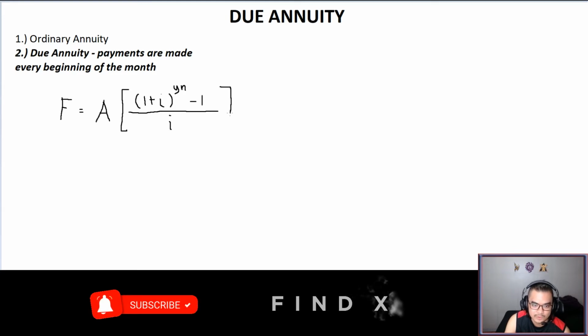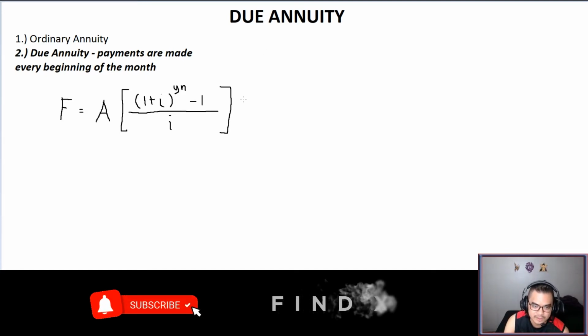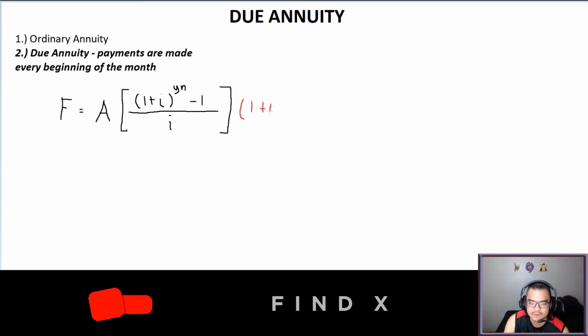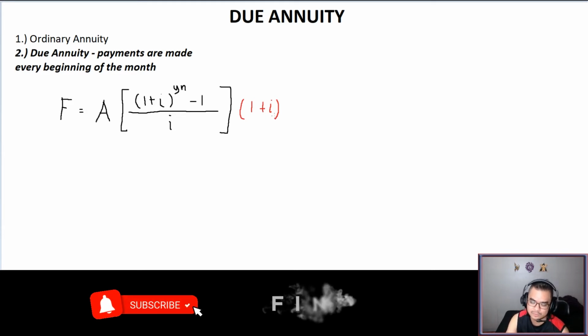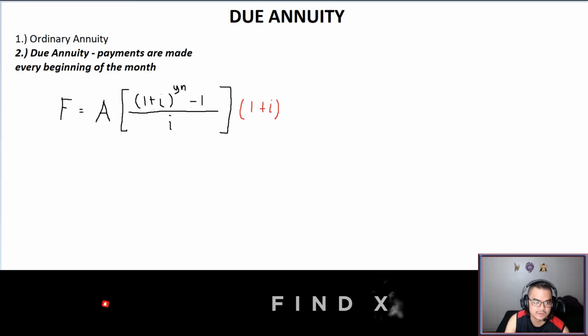So this is the formula for ordinary annuity. To make it the formula for due annuity, all you have to do is just add this one here, 1 plus i. And then that will be your formula for due annuity. That's it. That is how easy it is.